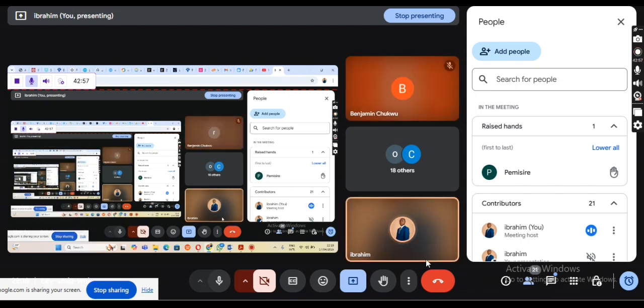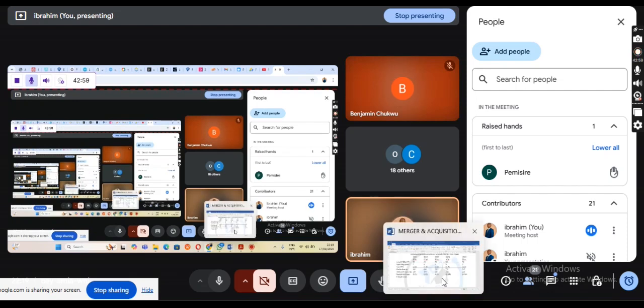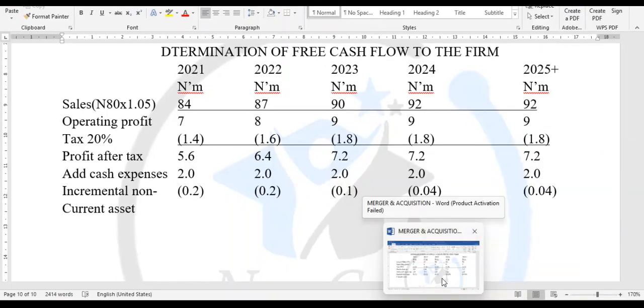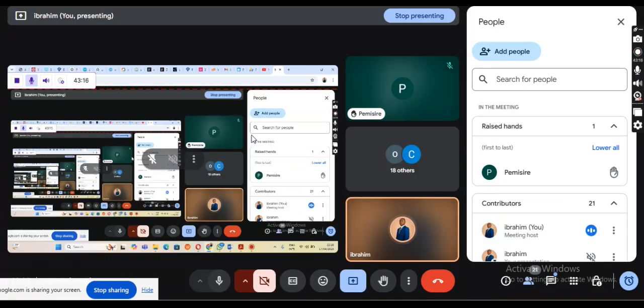If you want to use the whole figure, 56 million, put it there.